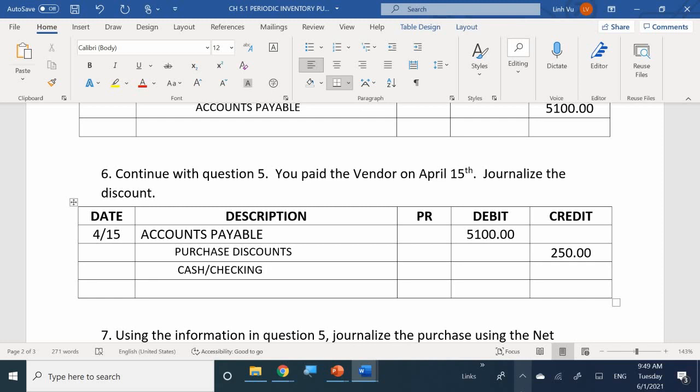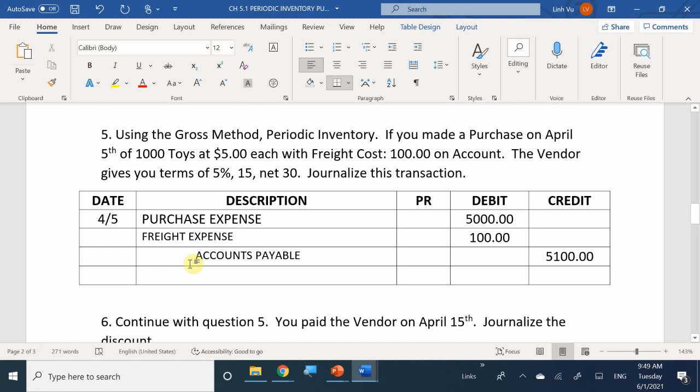We can only discount the actual price of the product. So in this case, the $5,000, even though yes, it is included. So that's why you do need to note that when you're dealing with periodic inventory, when you journalize it, you've already separated it right here. You already know what is your freight cost and you already know what is your purchase price.